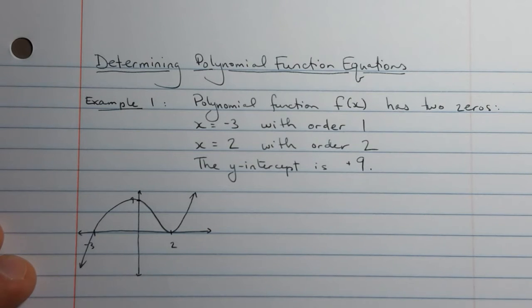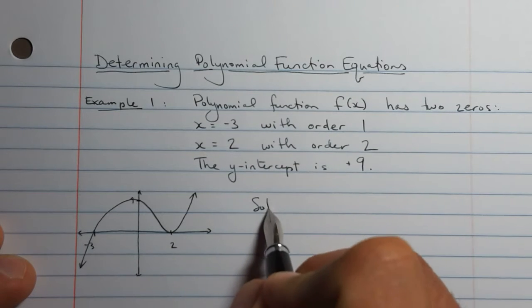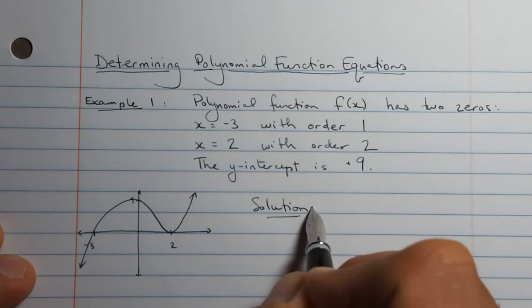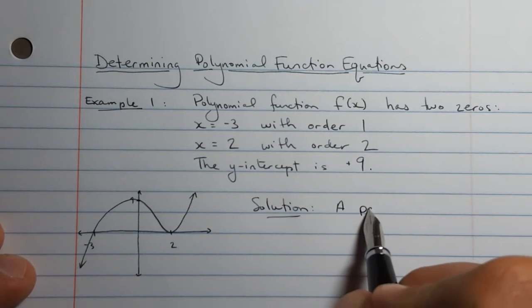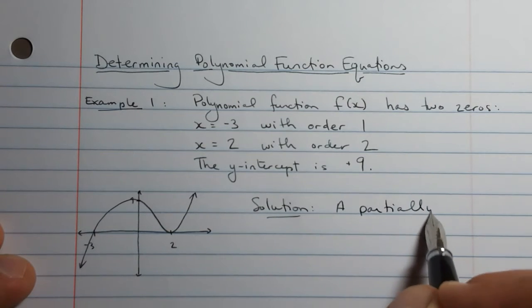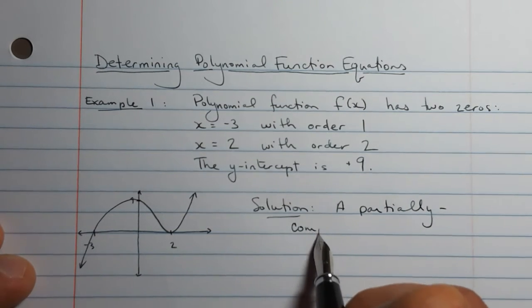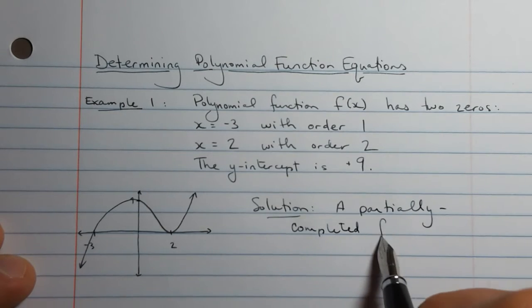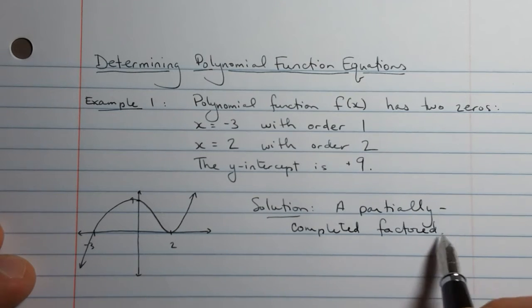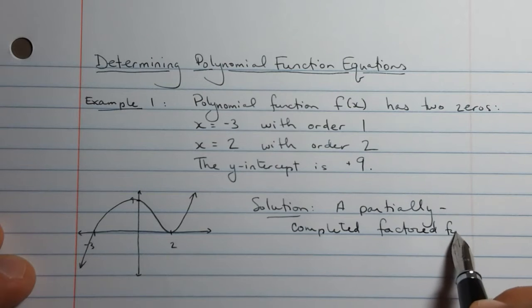So we start by writing a partially completed equation. So maybe I'll write down the word solution here. A partially completed factored form equation. We're going to use factored form because we know about zeros.